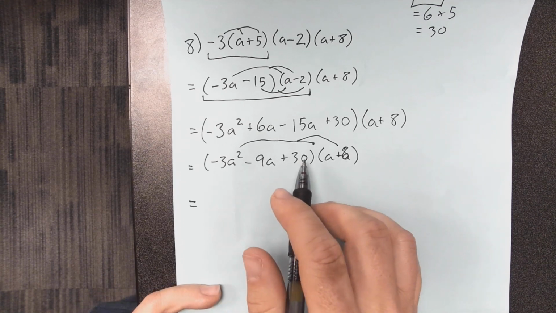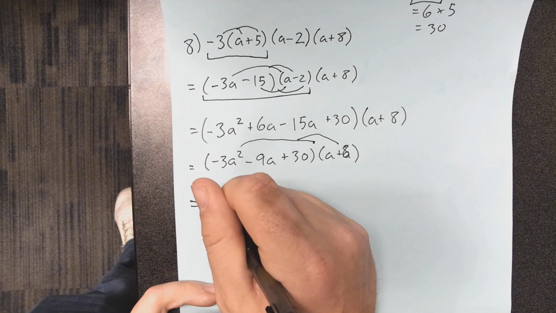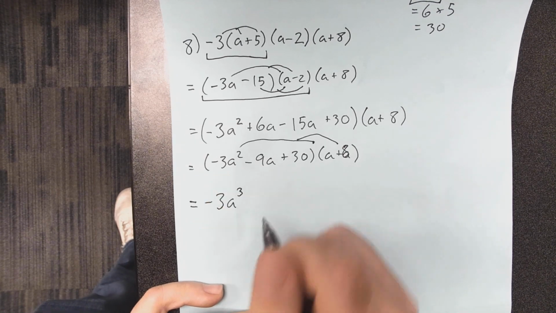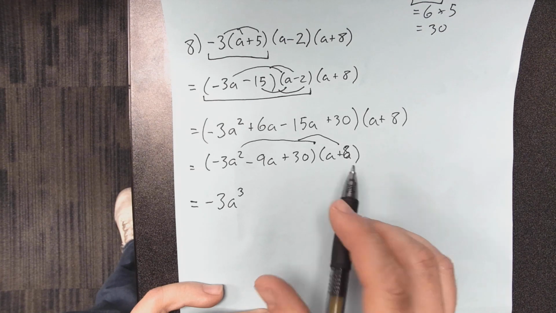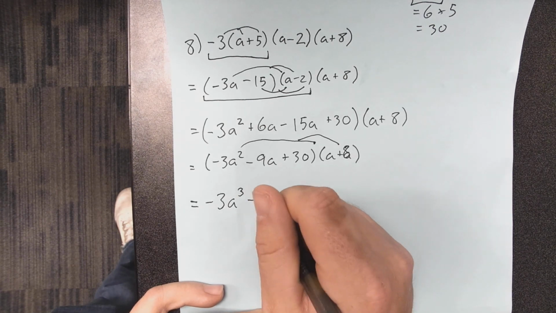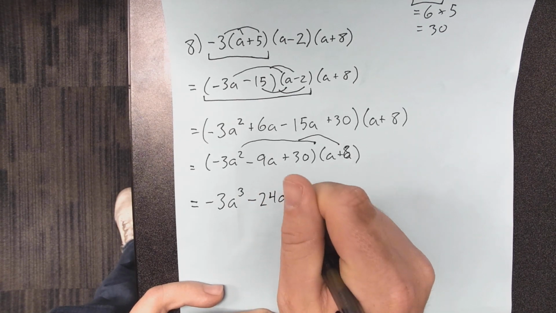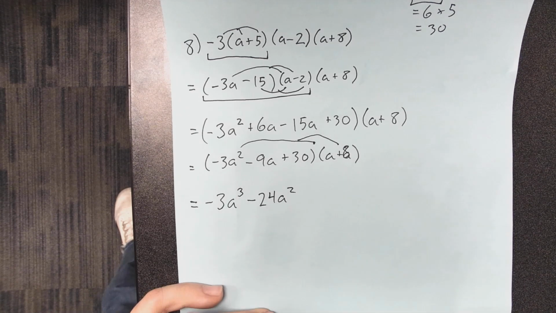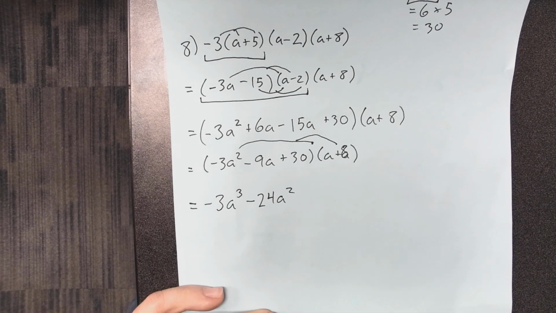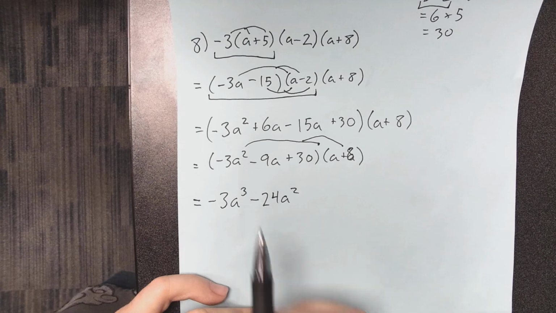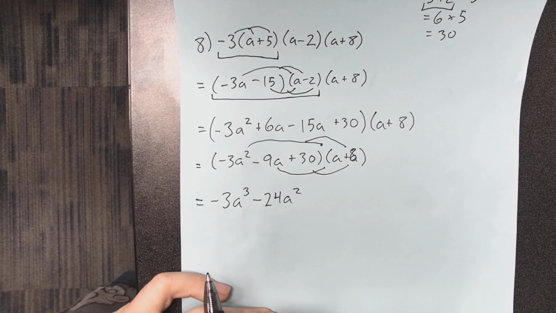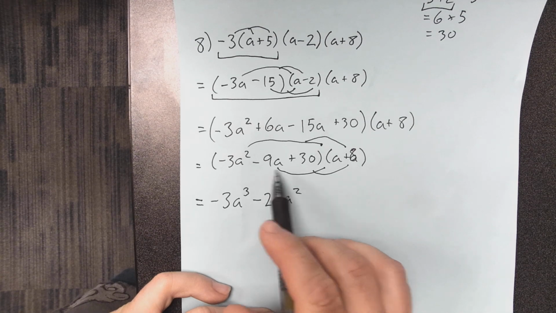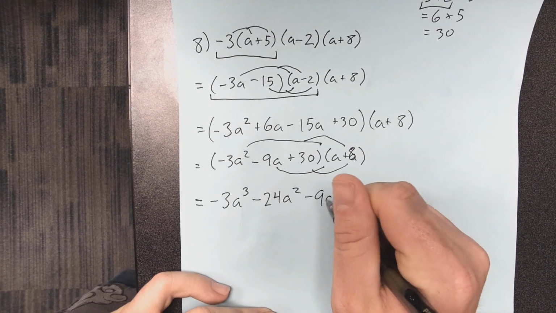Negative 3a squared times a is going to be negative 3a cubed. The negative 3a squared times 8 is going to be negative 24a squared. That's 3 times 8 is 24. We've successfully distributed the 3a squared. Now let's distribute the negative 9a. Negative 9a times a is negative 9a squared.